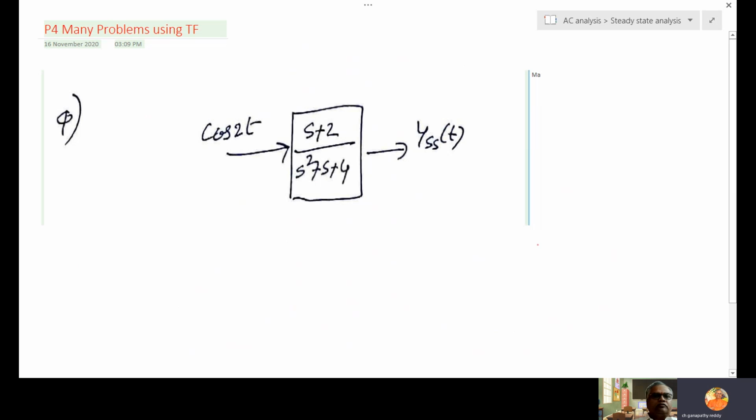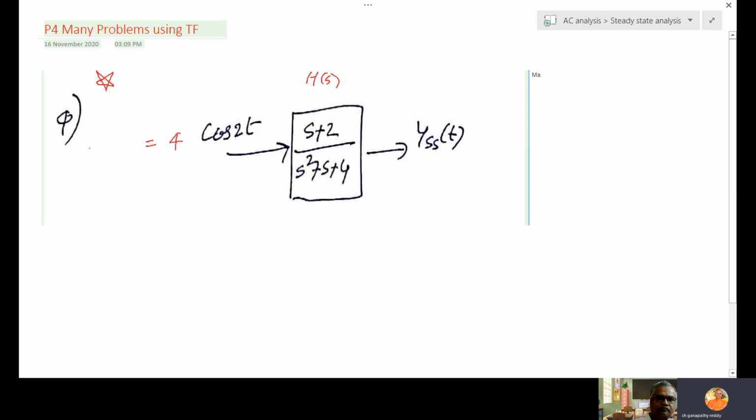This is another important, interesting, special problem. This problem is equivalent to so many problems. Here a system is given, the system transfer function H of s is s plus 2 by s square plus s plus 4. So this H of s is given, and cos 2t is the input. I can take some value, 4 cos 2t.